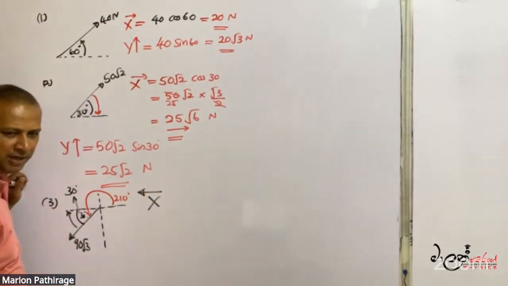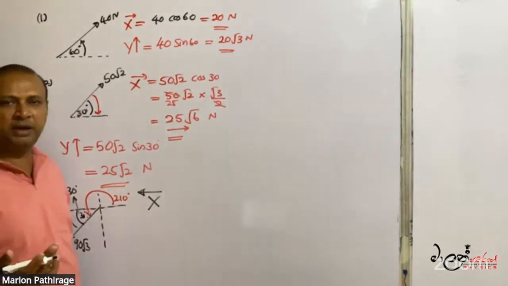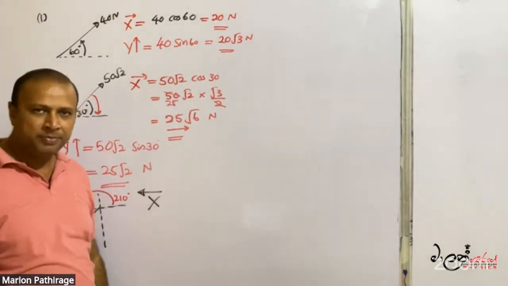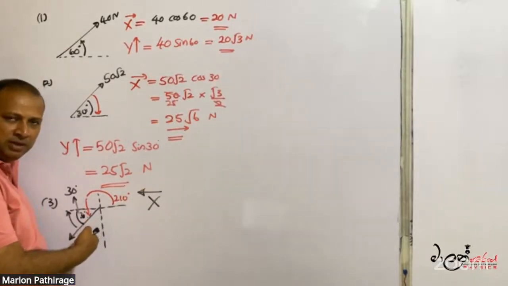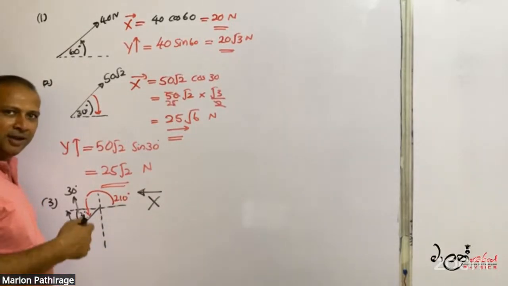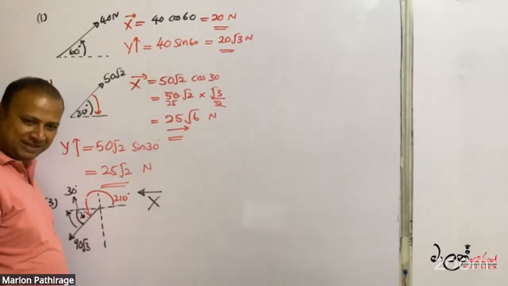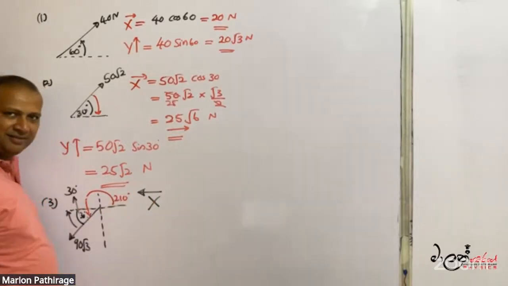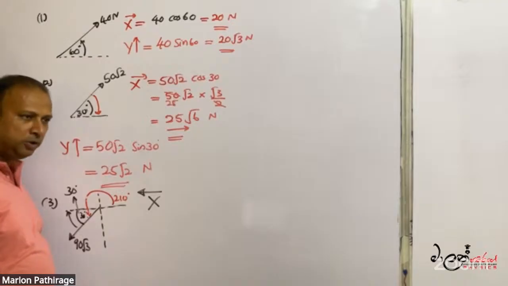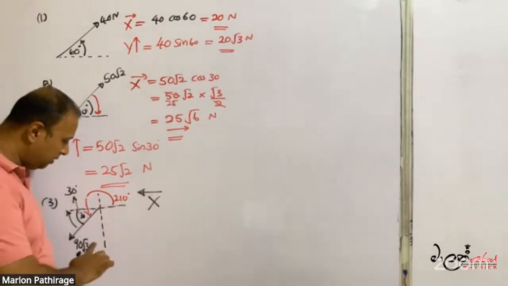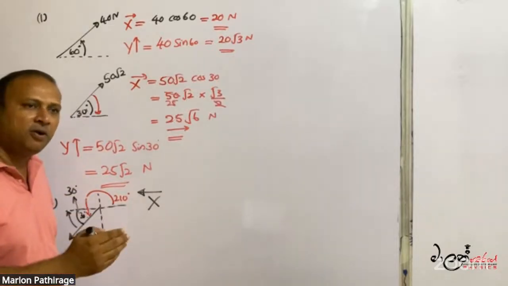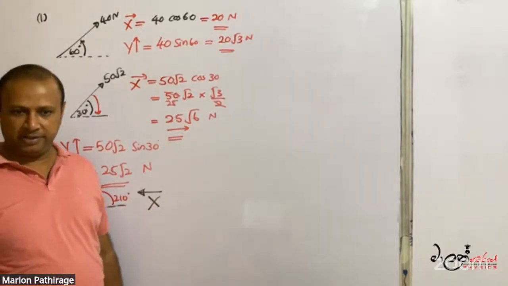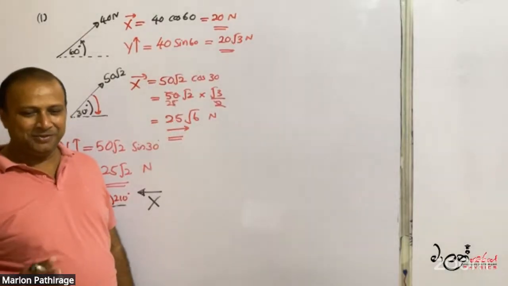No need to mark minus because we don't know plus direction or minus direction. Because this is only a single force, any direction can be positive. Just mark the direction. Don't put plus or minus.